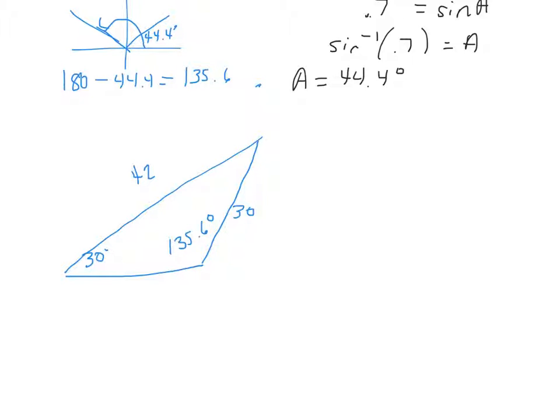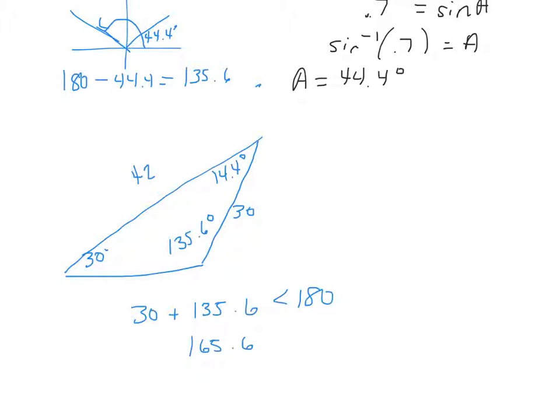Now, the reason this makes a triangle is 30 and 135.6, that's less than 180. So that's why I'm able to have a second triangle here. That adds up to 165.6, so that means my last angle is going to be 14.4 degrees.